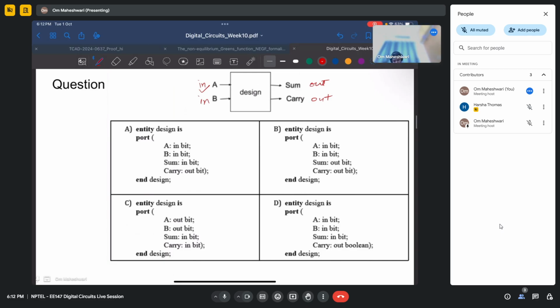In option A, they have written A is input, B is input, but some they have written as input port where it should be output. B is the correct one. C also has the same mistake, and D also has the same mistake. So the correct answer is B, where A and B are input, and sum and carry are output.